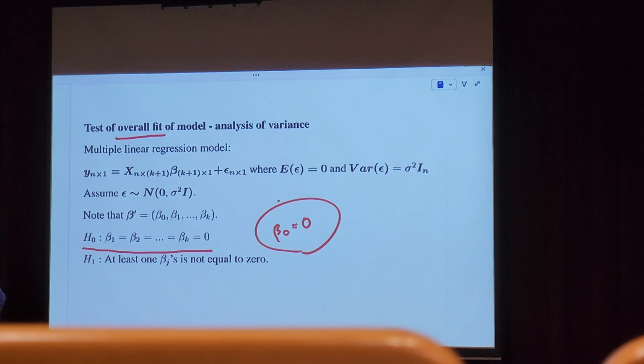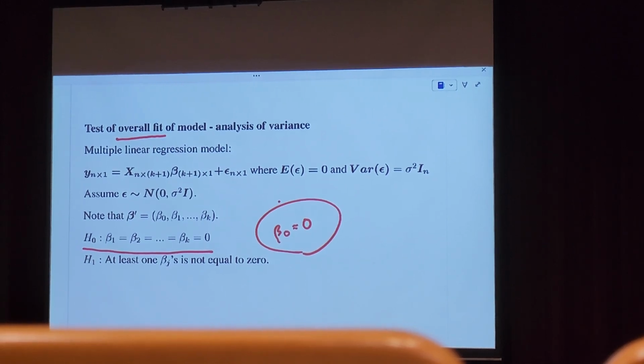Why is it that I don't test beta naught? Beta naught is not associated with any regressor. Beta naught is actually the intercept. If you look at simple linear regression, there is also the intercept on the y-axis.